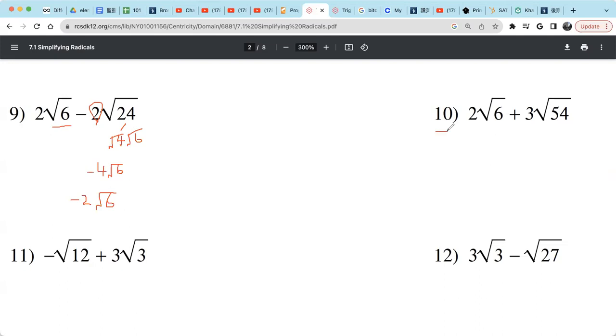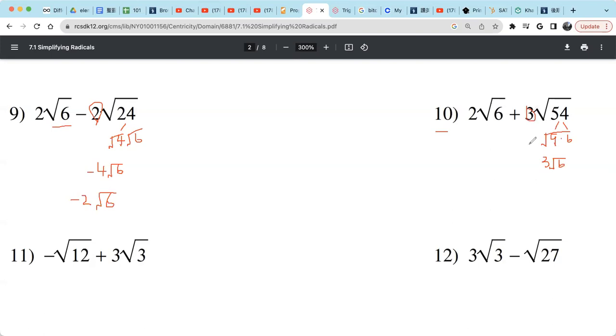Let's see 10. 54, 9 times 6, right? When we square root, 9 becomes 3. 3 times this 3 becomes 9. So let me write it one more time. So square root of 54 can be simplified as 3 radical 6.